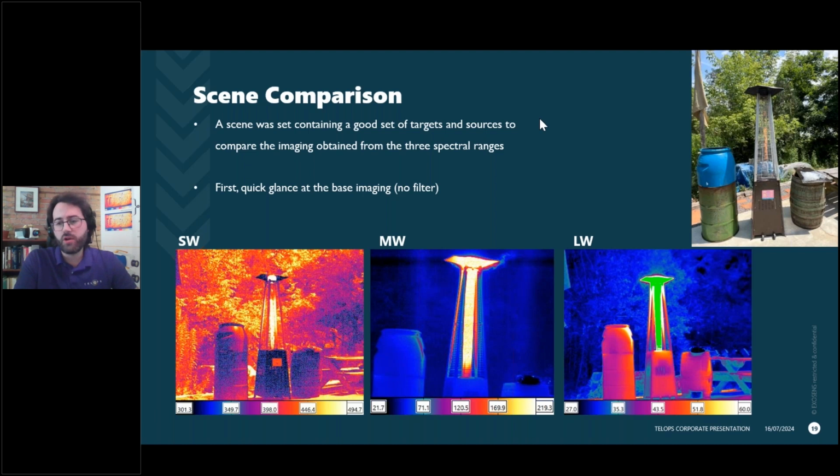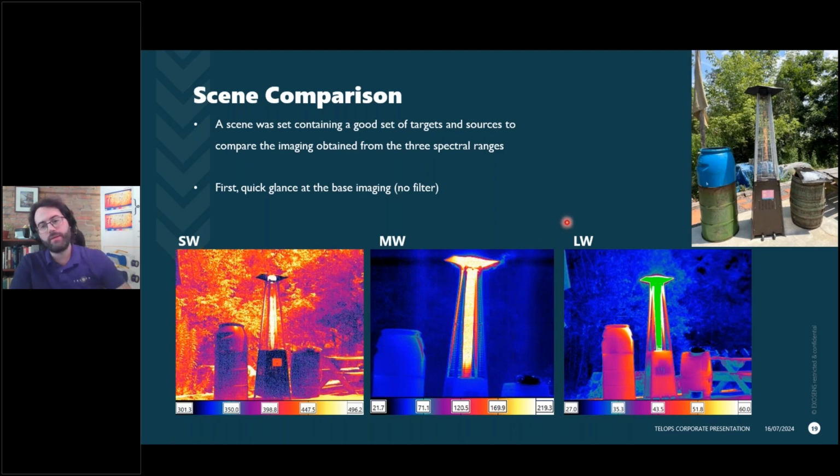So taking a quick glance at the different images, it's clear that with the shortwave image that we have here, we can see the flame very well, and we can see the flame moving in that glass tube that is inside the heater, which is not the case in midwave and longwave, where the glass is almost fully opaque in midwave, so it looks like just a warm surface that's emitting heat.